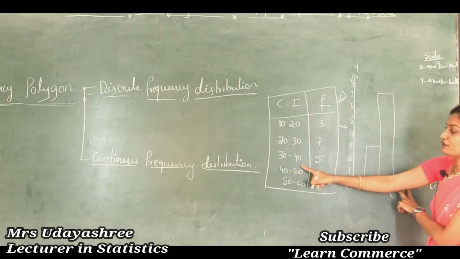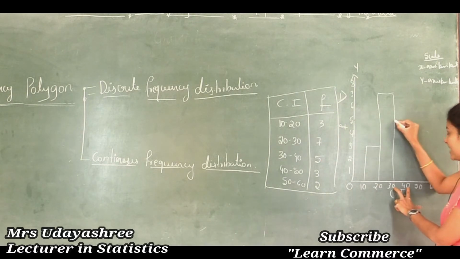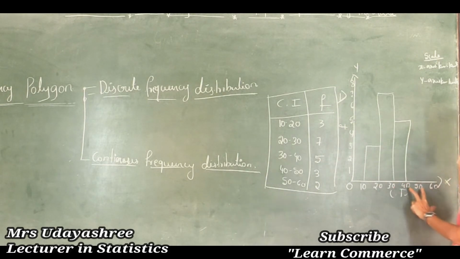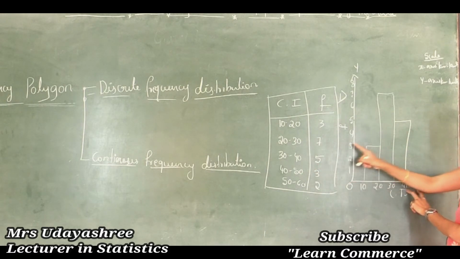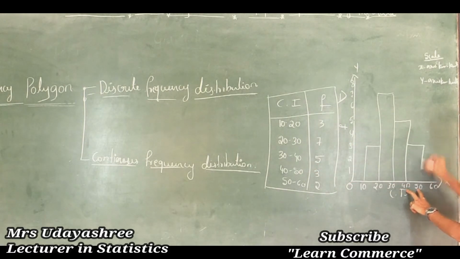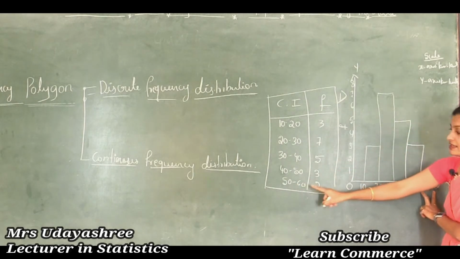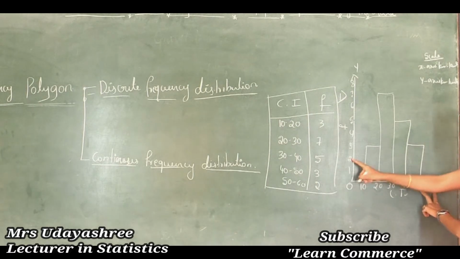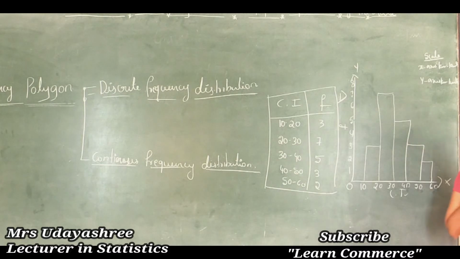Next 30 to 40, the corresponding frequency is 5, so like this we draw one rectangle. Next 40 to 50, corresponding frequency is 3, so like this we draw one rectangle. Next 50 to 60, the corresponding frequency is 2. See 2 is here. So this is the histogram, which we already discussed.